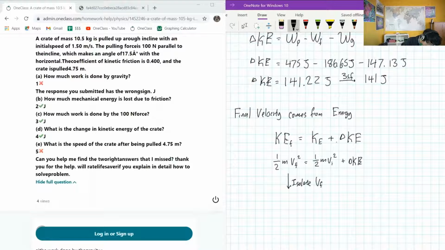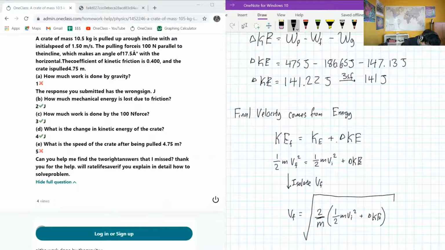So we will multiply both sides by 2 divided by m. So vf is equal to, the whole thing has got to be under the root, it's going to be 2 over m, oops, not 3. Drew the m sideways. 2 over m of 1/2 m vi squared plus delta KE, all under the root.